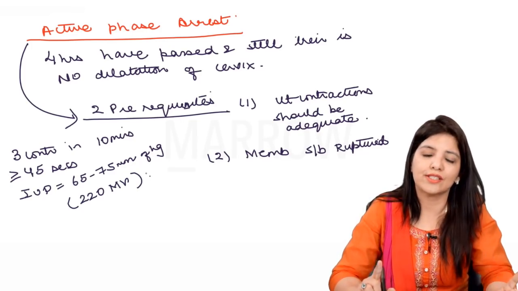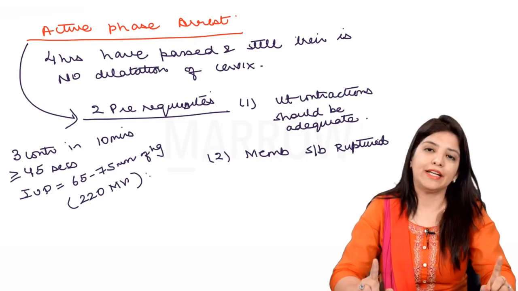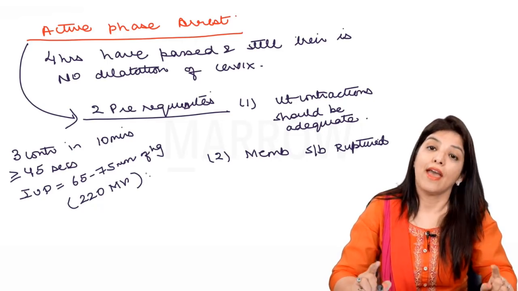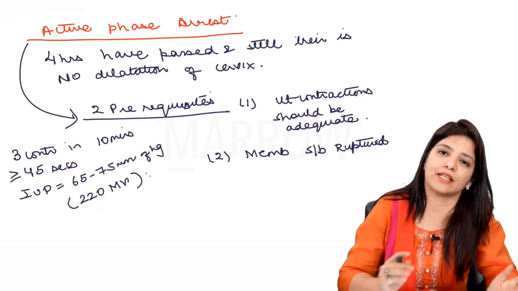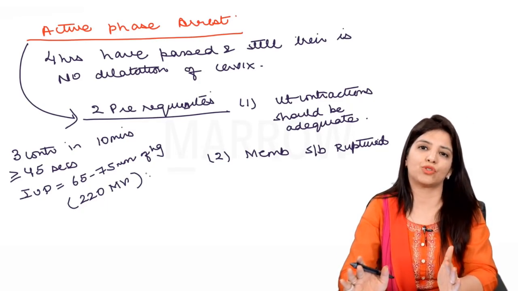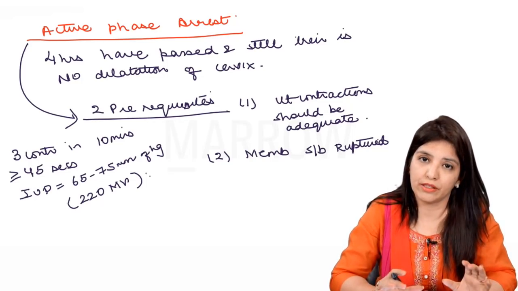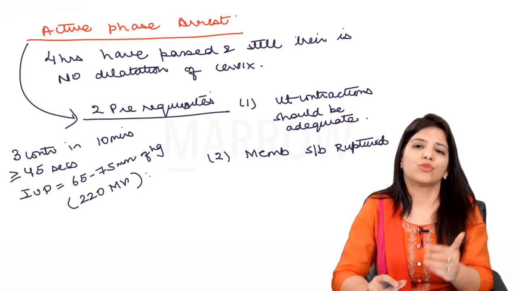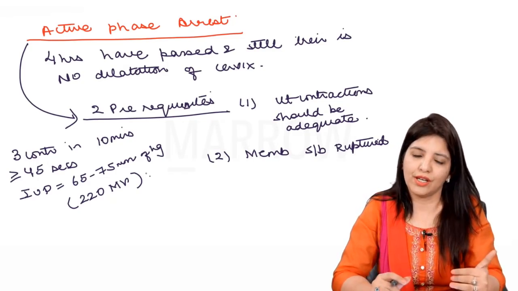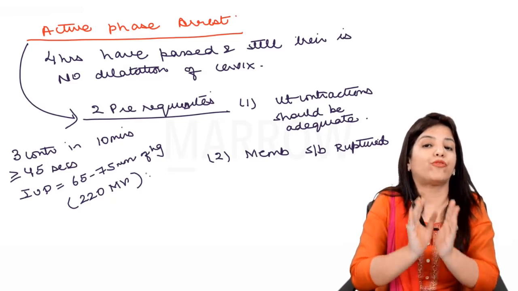3 contractions in 10 minutes, each lasting at least 45 seconds, with intrauterine pressure of 65 to 75 millimeters of mercury. If contractions are not adequate, you are going to start oxytocin. So if I started oxytocin after 4 hours at 2 o'clock, now I am going to wait for 2 more hours.